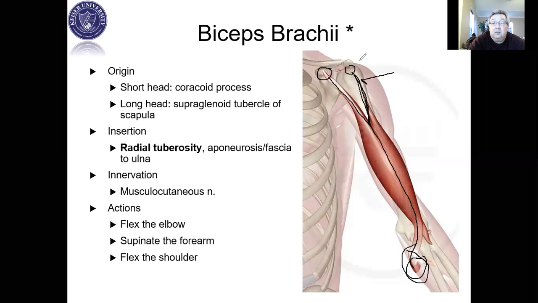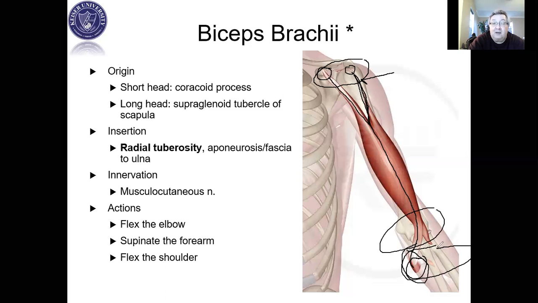So let's see what this muscle does. It crosses the shoulder, and it crosses the elbow, and at the forearm it also has a crossing. It actually has three actions. Again, the long head of the biceps has its origin at the supraglenoid tubercle.